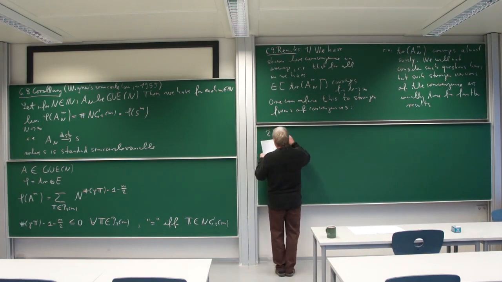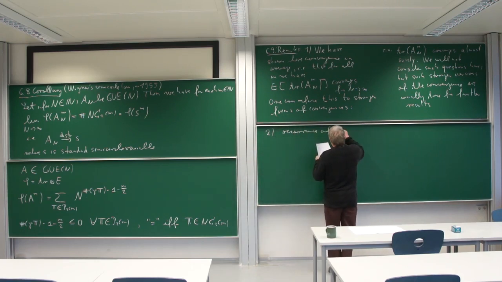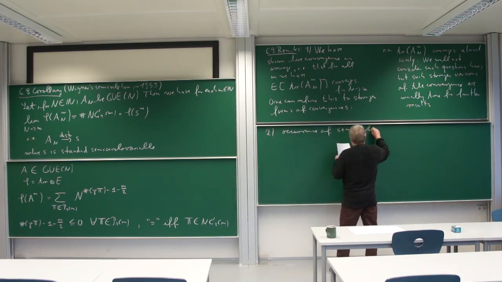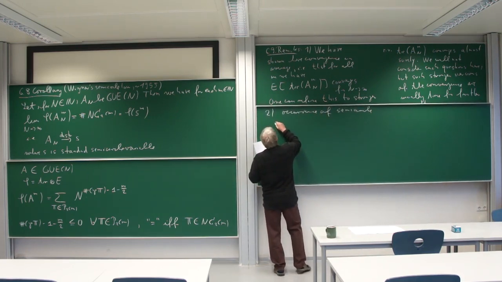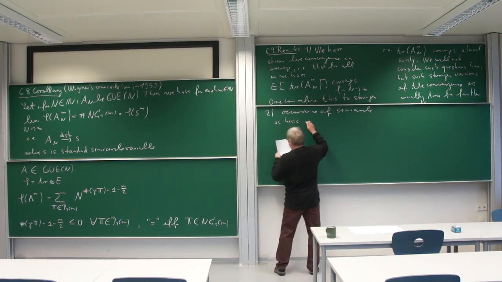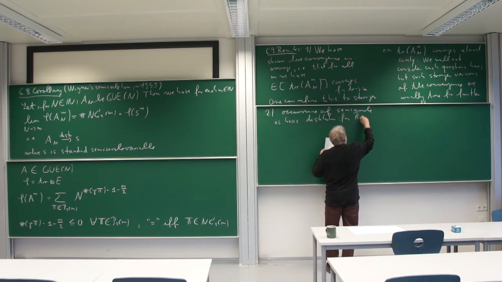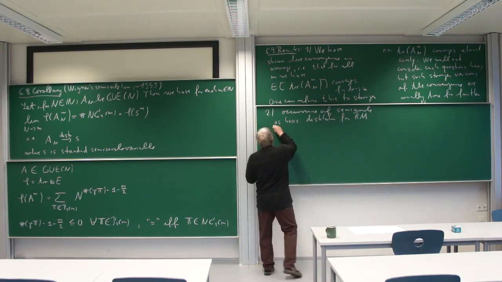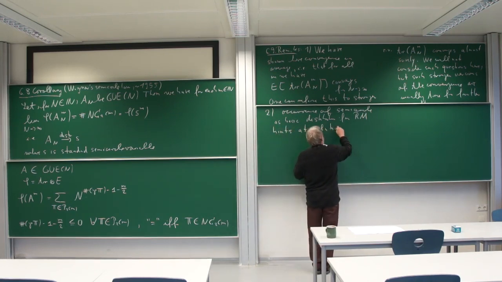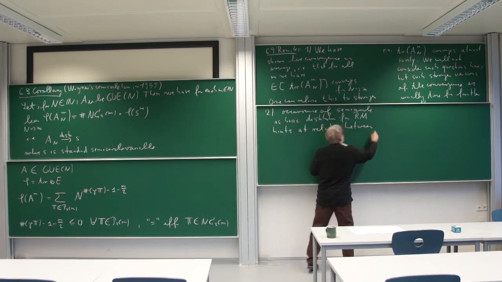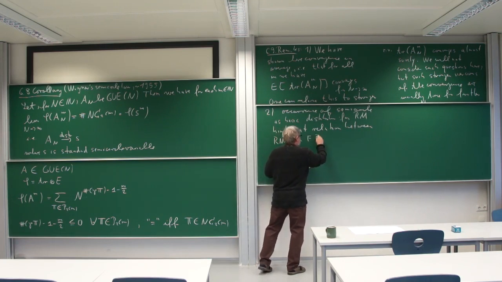Okay, so the occurrence of the semicircle as basic distribution for random matrices hints at least at the relation between the world of random matrices and the world of free probability.